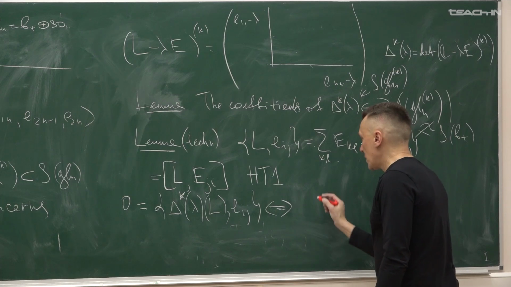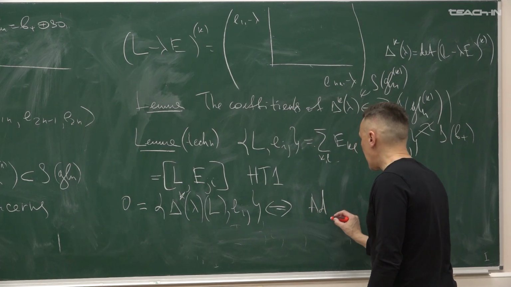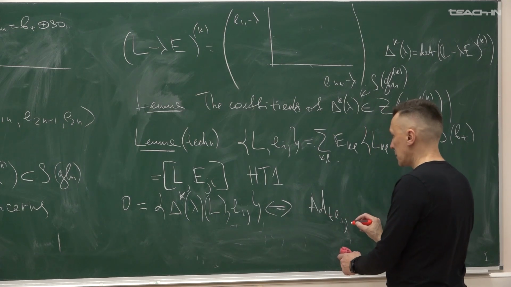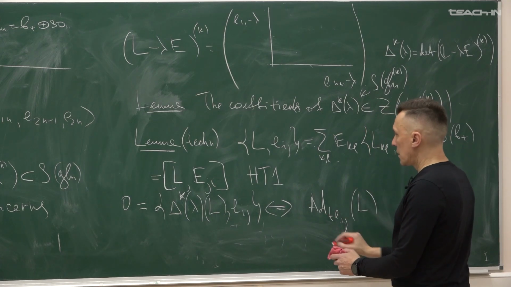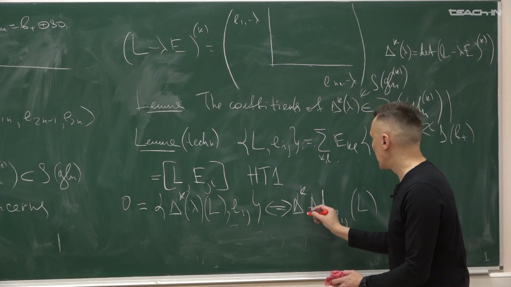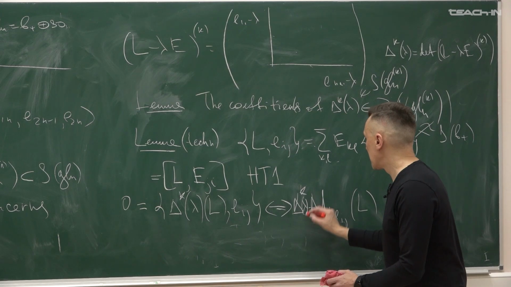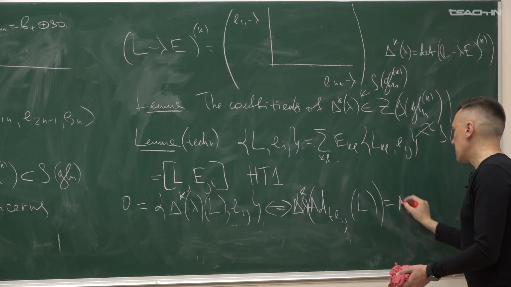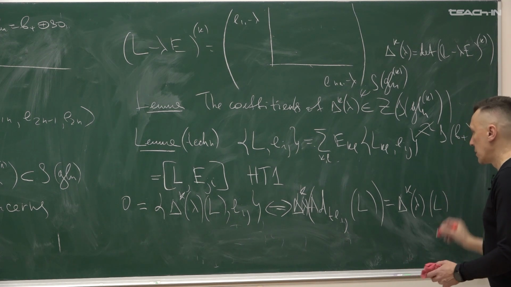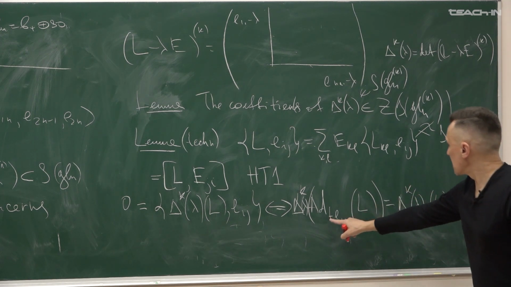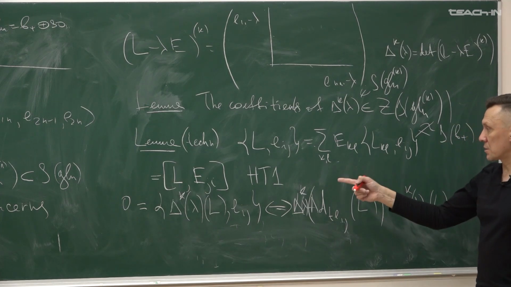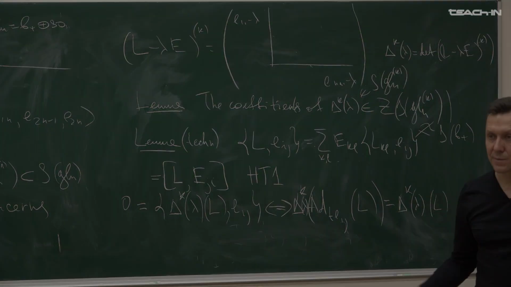I will write it. So the adjoint action of exponential t Eij on L and calculation of this function is equal to delta k of lambda on L. So this means that the function is invariant with respect to the group action.